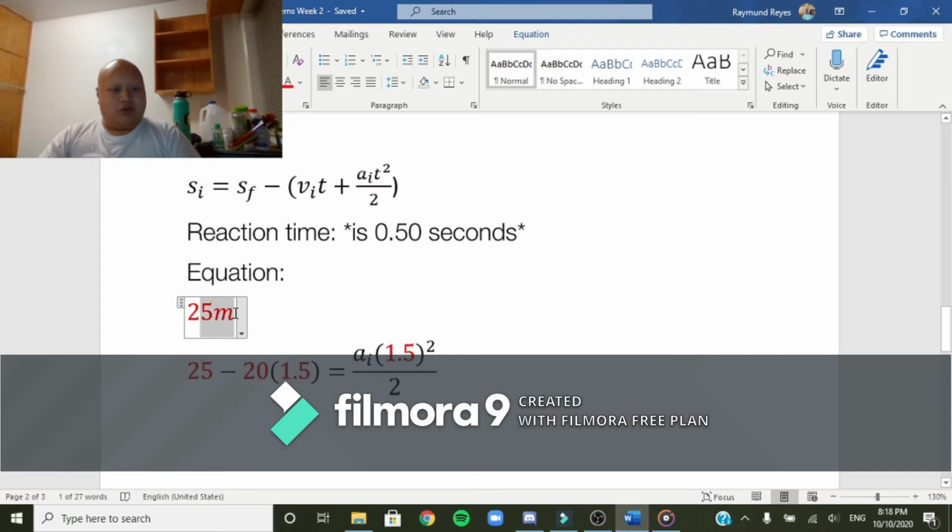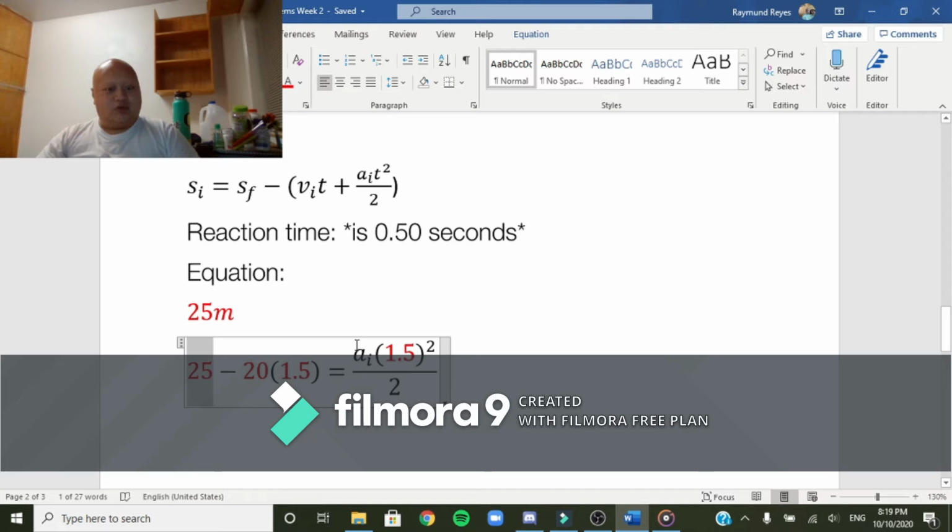Now that we calculated that the car is 25 meters away when it started to speed across the road, we have to plug it back into this equation. So the final position again is 25 meters. We subtract 20 meters per second multiplied by the maximum amount of time the car has to cross the road, which is 1.5 seconds.